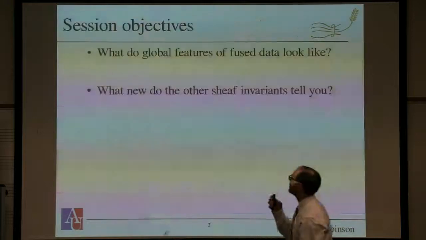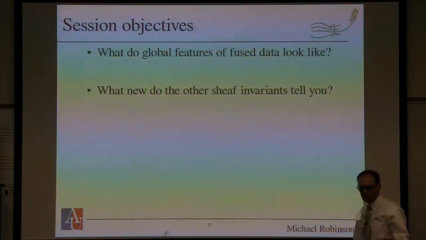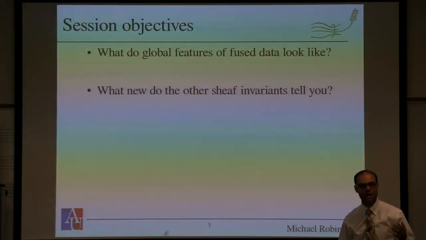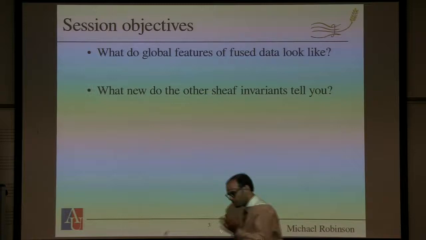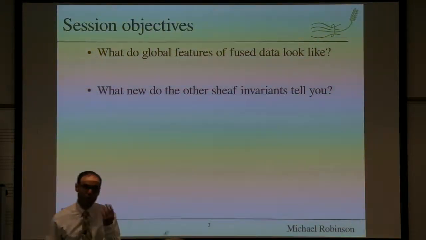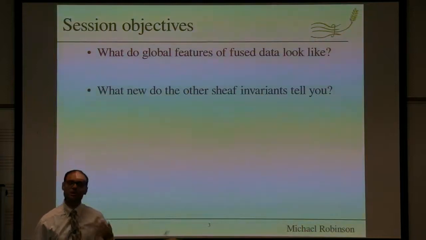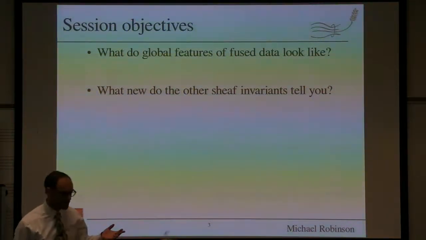OK, so really what we want to do is understand what the global features of fused data look like, how do we compute them, how do we assemble them, and really understand how to find sheaf invariants. Now, the truth of the matter is we want to build them in much the same way we've been building homology for topological spaces. So how did we do that?